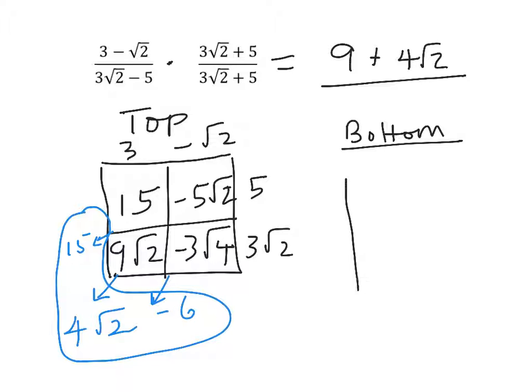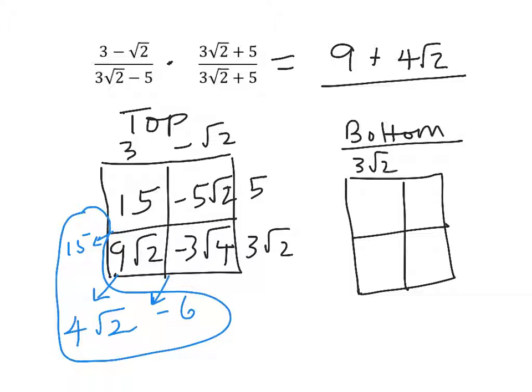Okay, here is set up. Now the bottom: 3 root 2 minus 5, and 3 root 2 plus 5. So in this box will be 9 root 4.